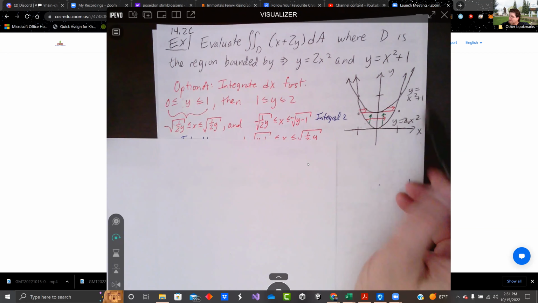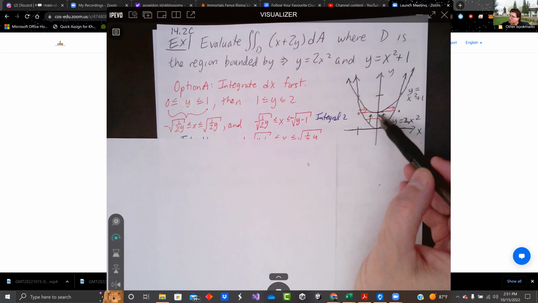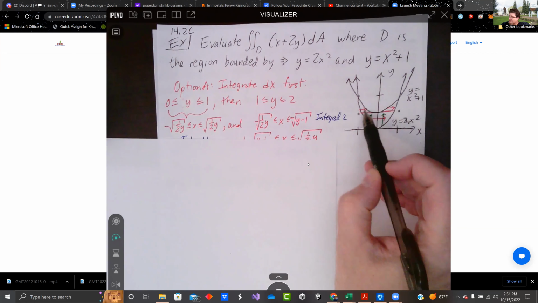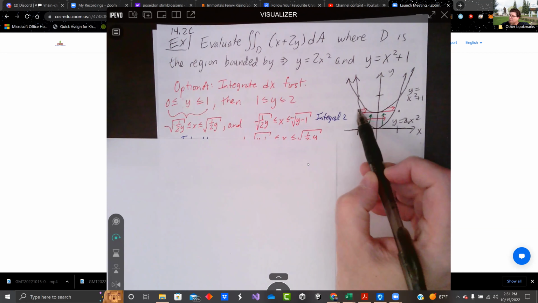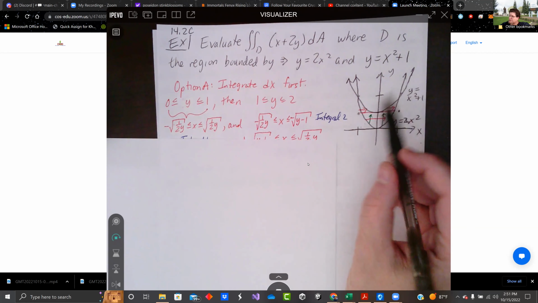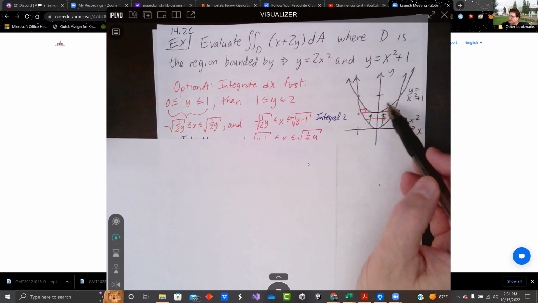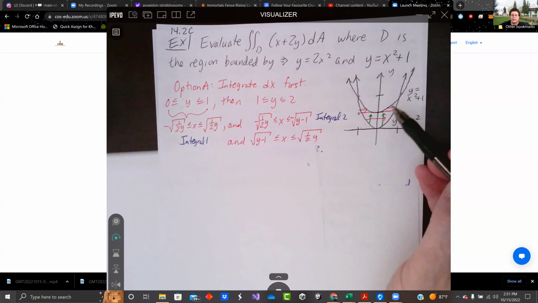This is just by solving for x in each of these. Then when we get to 1 to 2, we've got two areas. I've got to go from the negative square root of 1/2 y up to the negative square root of y minus 1. And then we restart the integral at the square root of y minus 1 up to the square root of 1/2 y.